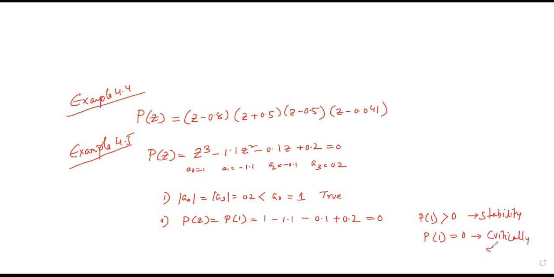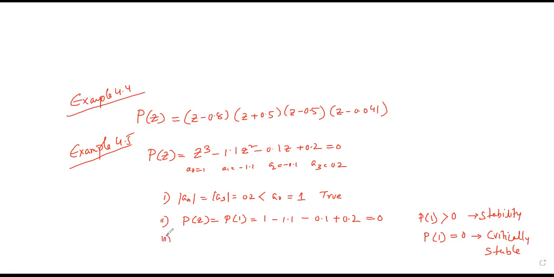So the rest of the test we have to conduct is not for stability, rather whether it is critically stable or it is unstable. If the other conditions are satisfied, then it represents a critically stable system. And if some of them are violated, then the system is unstable.